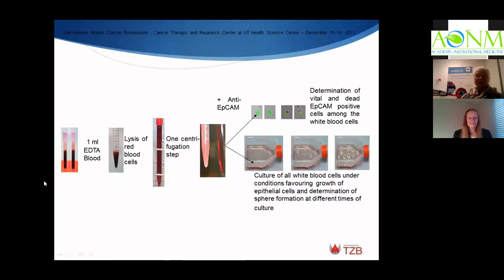How do we proceed? We proceed in the same way as for the circulating single cells. Again, here we have the sediment. Then we put it into growth medium, which prefers growth of epithelial cells. And then we find some of these circulating epithelial cells have grown into these spheres.